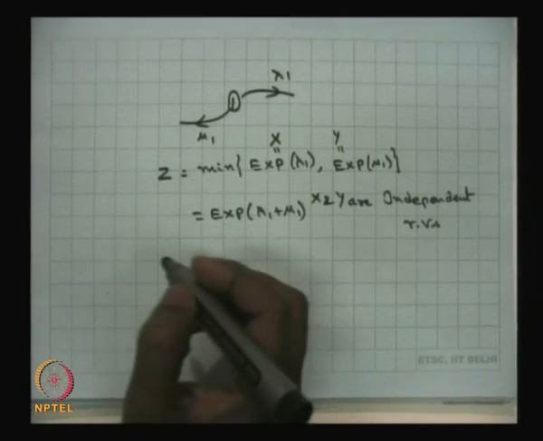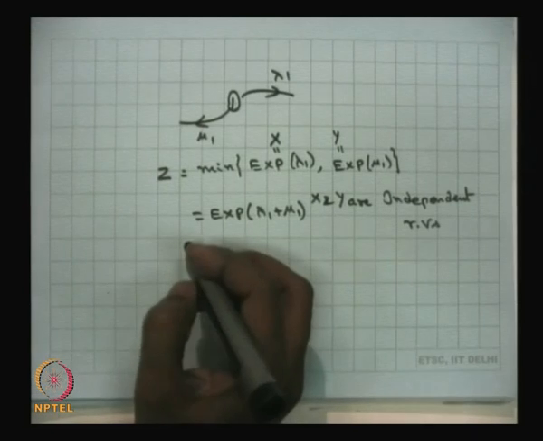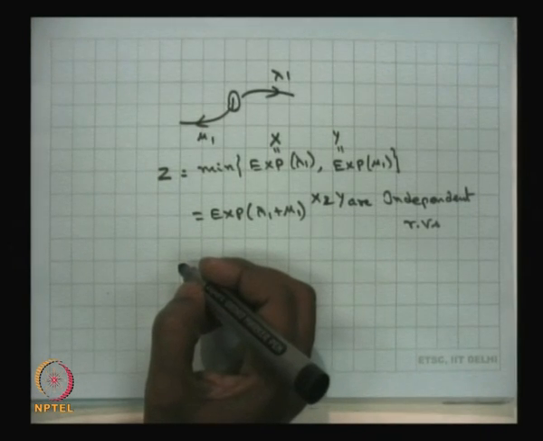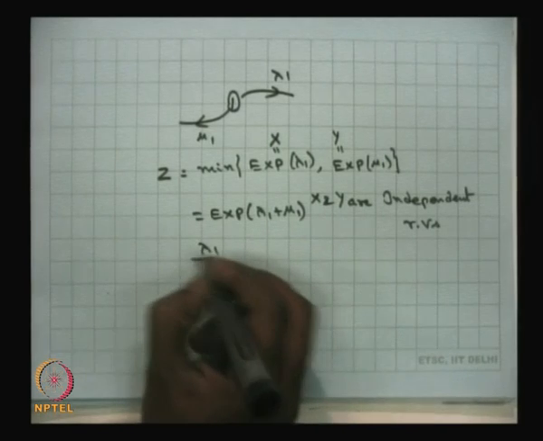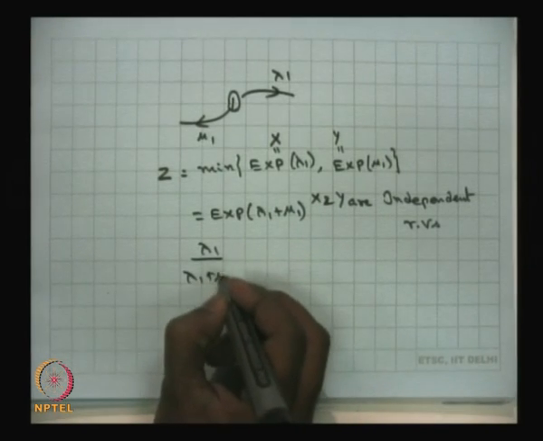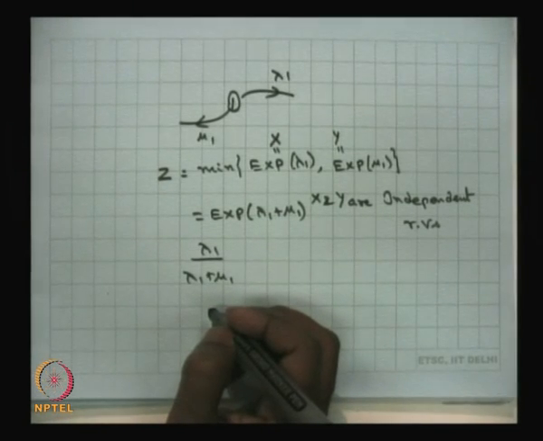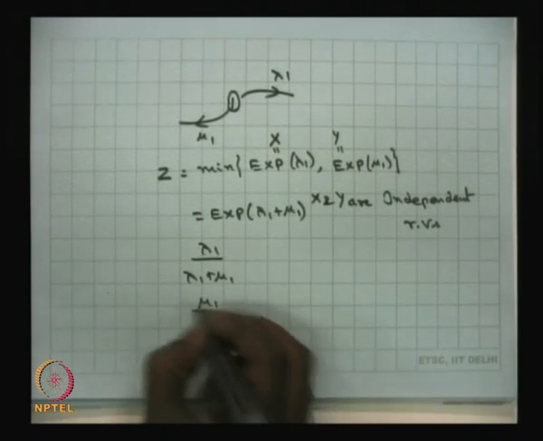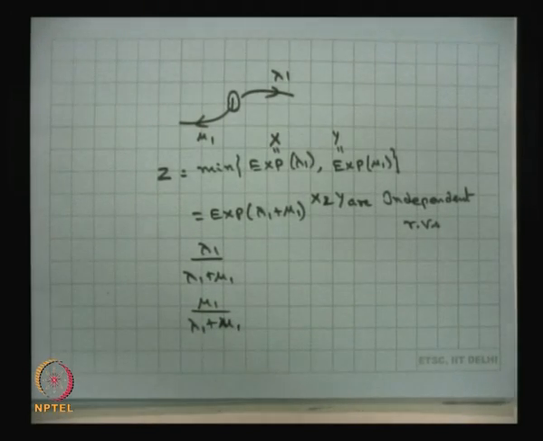Also, one can discuss the probability that the system moves into state 2 before moving into state 0, which is lambda 1 divided by lambda 1 plus mu 1. Similarly, the probability that the system moves into state 0 before moving into state 2 is mu 1 divided by lambda 1 plus mu 1, which one can also find out.